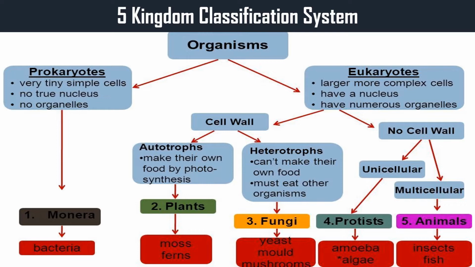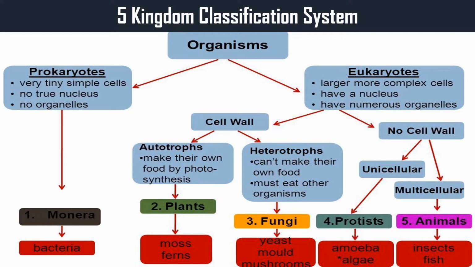Prokaryotes are very tiny, simple cells, with no true nucleus, no organelles. And eukaryote cells are larger, more complex cells, have a nucleus, have numerous cell organelles. They are further divided into organisms with cell walls and no cell walls. With cell walls can either be autotrophs or heterotrophs, and with no cell walls, organisms can either be unicellular or multicellular.